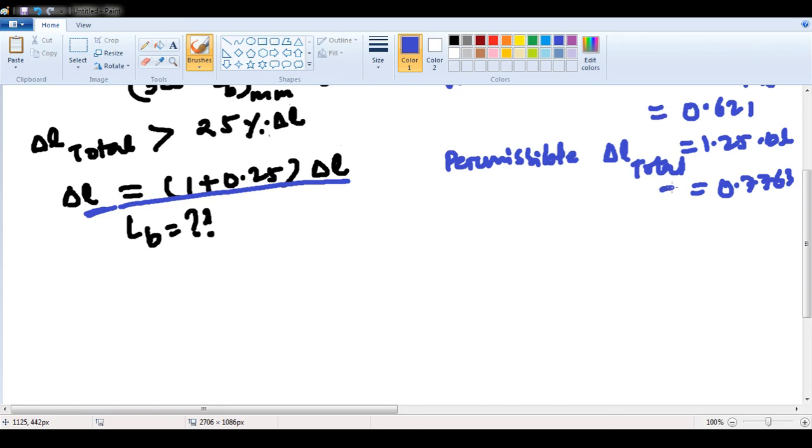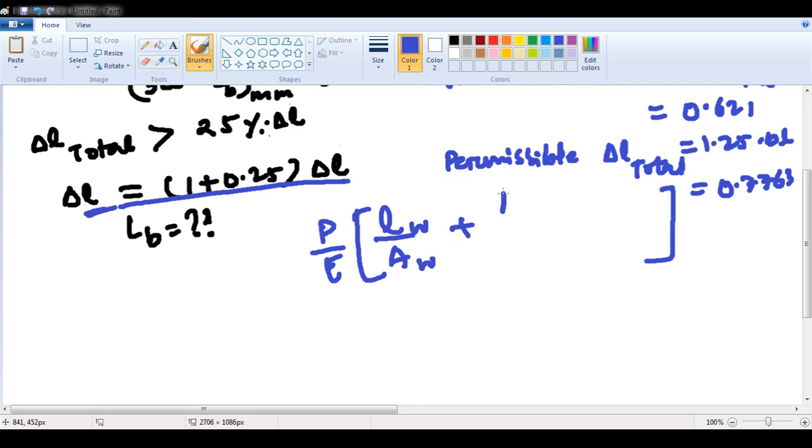And then we know the total extension is made up of the parts without boring and with boring. So it is PL by AE, where P by E comes out, and this is L by A for the without-boring part, and L by A with the boring area.